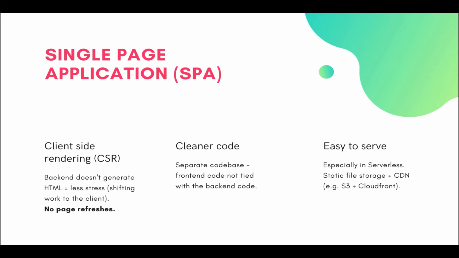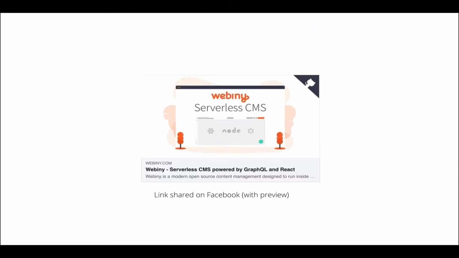So single page applications are cool, but they have one small disadvantage, and that disadvantage will be shown in the following slides. Imagine you have a simple website that's built with a single page application approach, and you wanted to share a link to a friend on a social network, for example on Facebook.